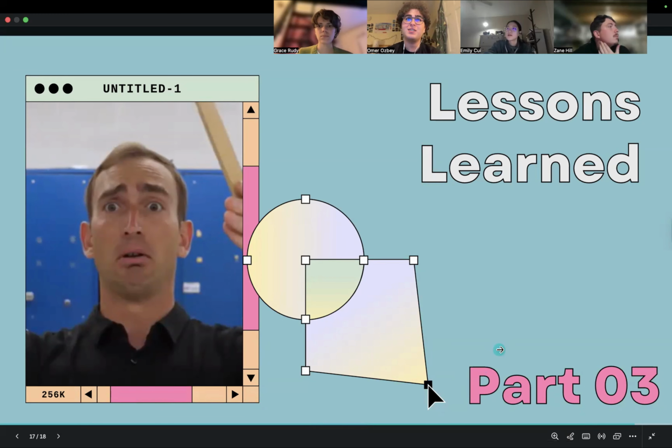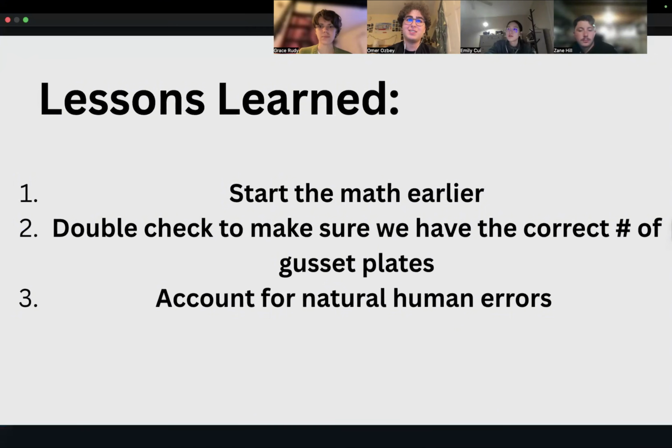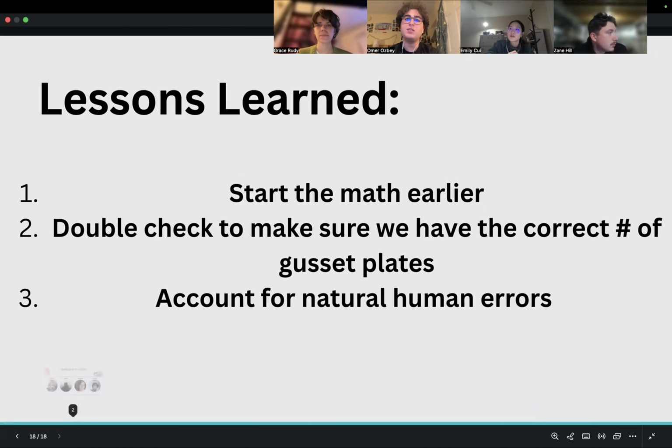Moving on to lessons learned. During our truss building process, while it helped us learn a lot of lessons, the first and probably the most important one was that we should have started the math earlier, because we didn't start the math until the last minute, a couple hours before the due date.